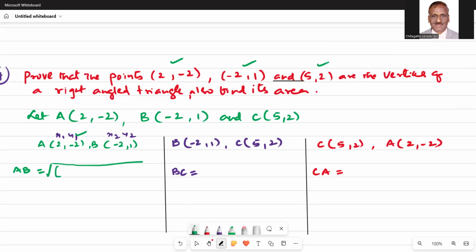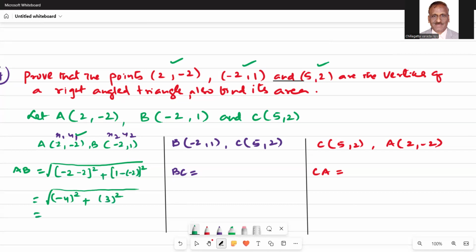What will you get? (-2 minus 2) whole square, that is x2 minus x1 whole square, plus y2 minus y1, that is 1 minus of -2, whole square. So the square root of (-4) whole square plus (1 plus 2), that is 3 whole square.